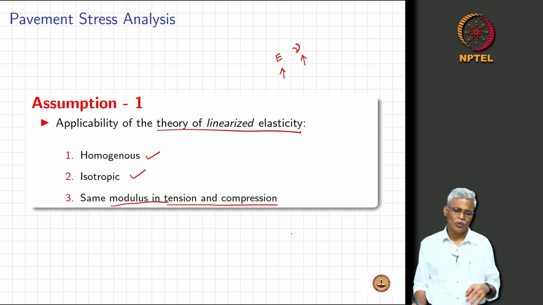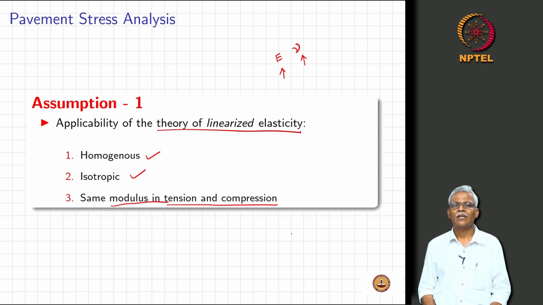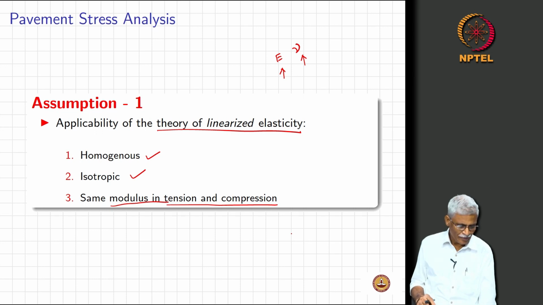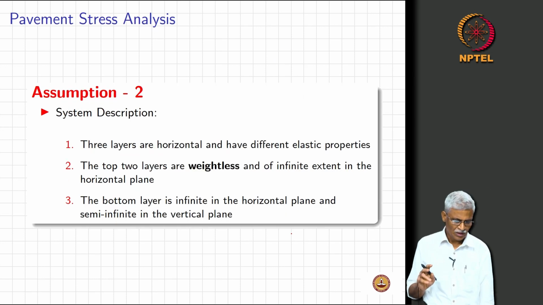Now, you all know what exactly is assuming anything to be homogeneous, assuming anything to be isotropic. So, I will leave it like that, and similarly what exactly is the assumption related to tension and compression, that is also I leave it to you, because these are all standard assumptions that are made. So, this is assumption 1.